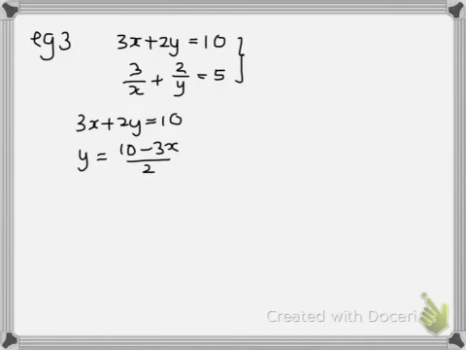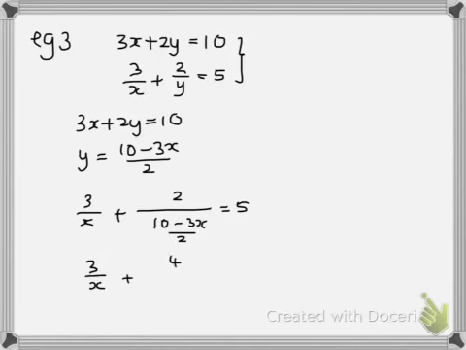And then you're going to substitute into the second one. So 3 over x plus 2 over y, where y is now (10 minus 3x) over 2. Good? So it becomes 3 over x plus 4 over (10 minus 3x) equals 5.